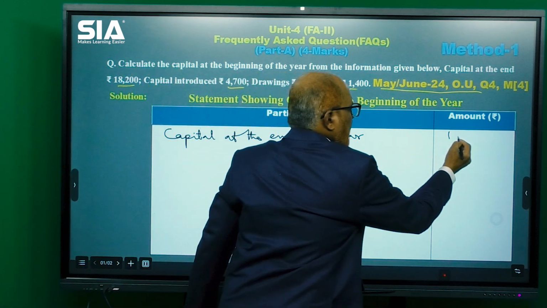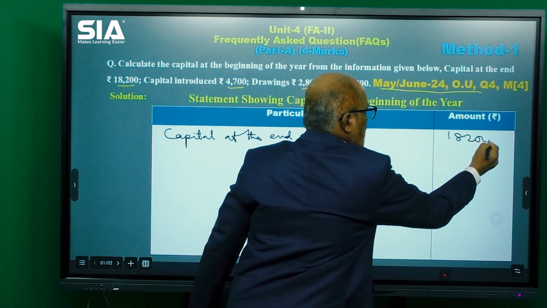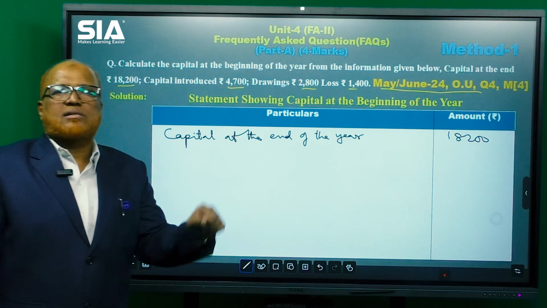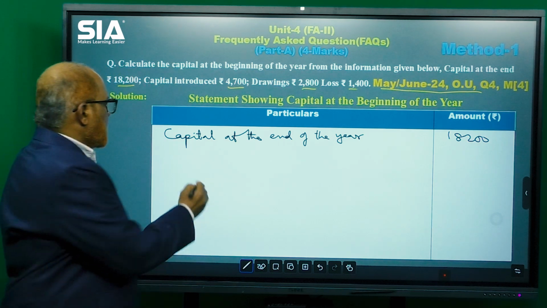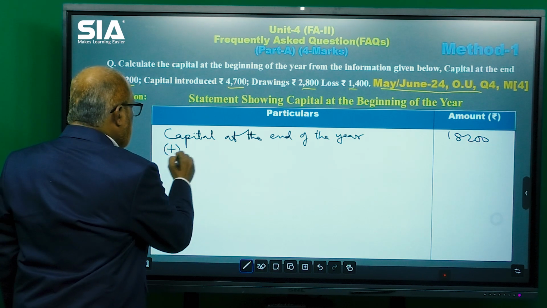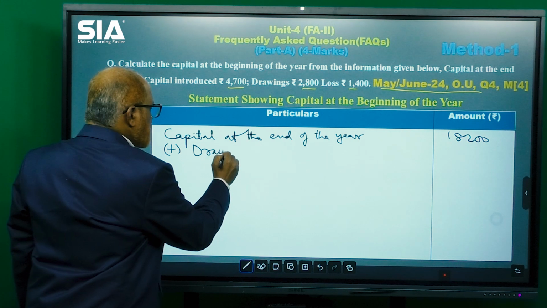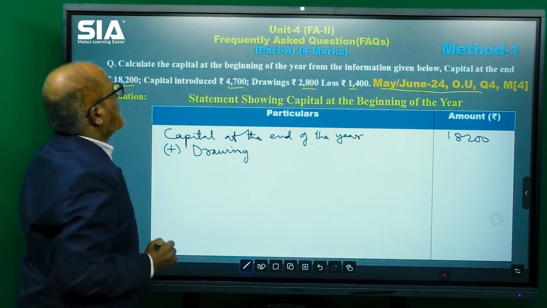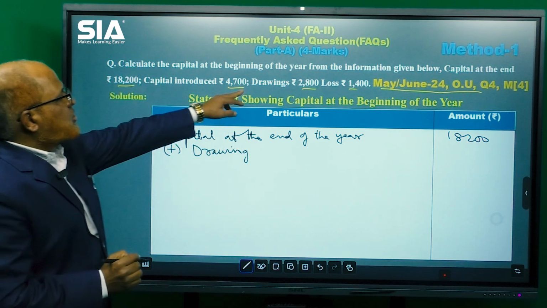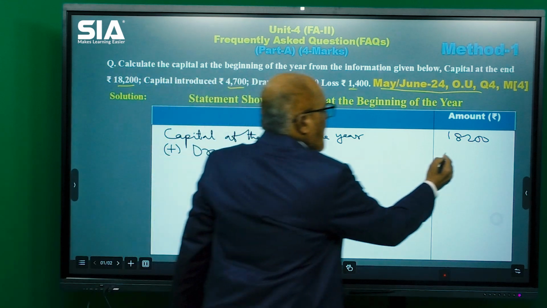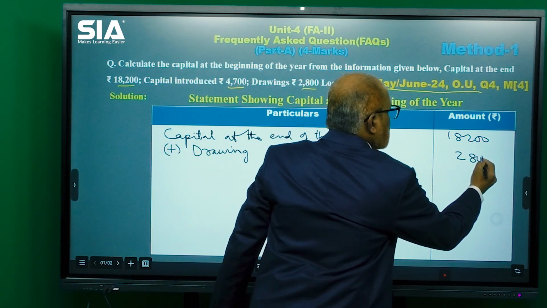So we will write down 18,200 in the amount column. To this, we have to add drawings. So I'm adding here drawings. Drawings made by the owner during the year. So drawings are how much? 2,800. So I'm adding 2,800.